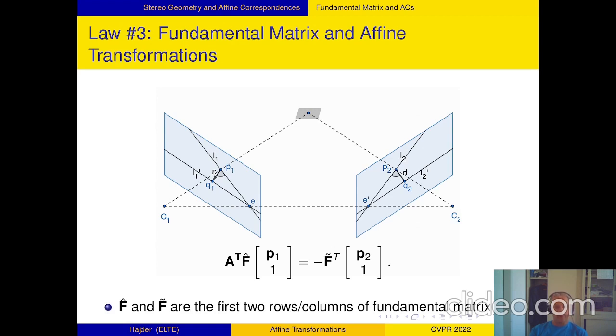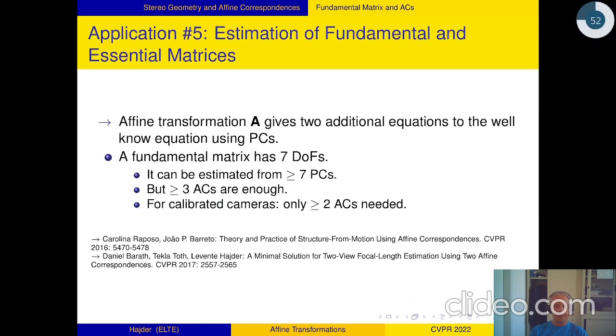Let's go back for a moment. We have an equation which connects the affine transformation and the fundamental matrix, and so we have two equations, and we can utilize them, for example, to estimate the fundamental matrix if the affine transformations are known. From point correspondences there is only one equation per point for the fundamental matrix, but if we know the affine transformations, we have two additional equations, so three equations per correspondence.